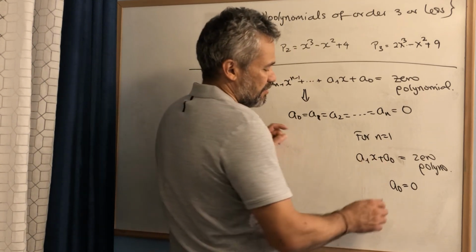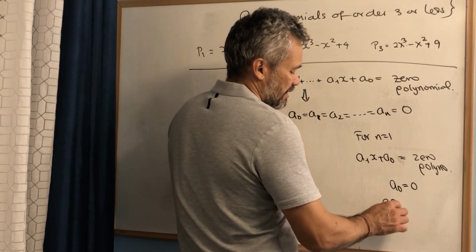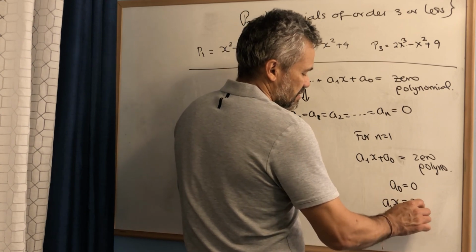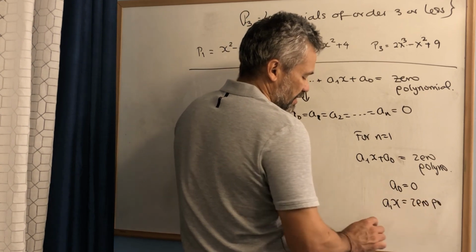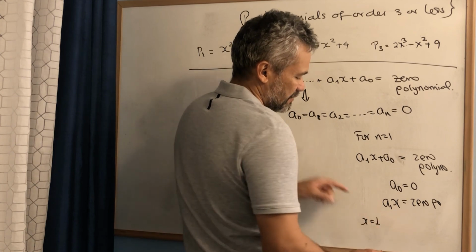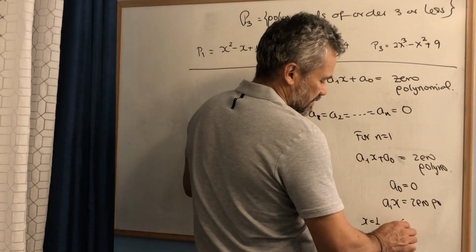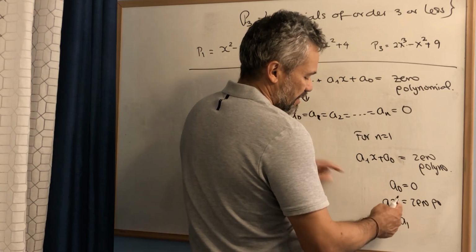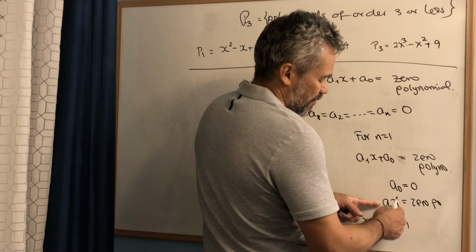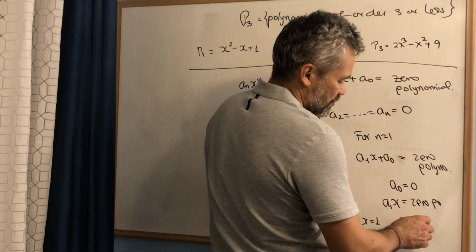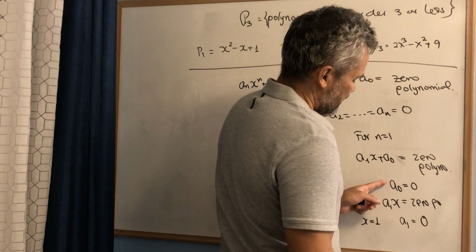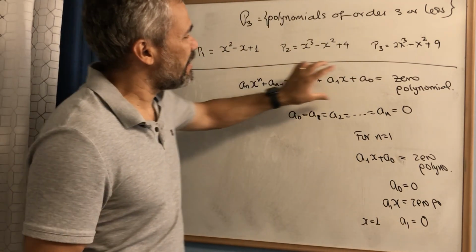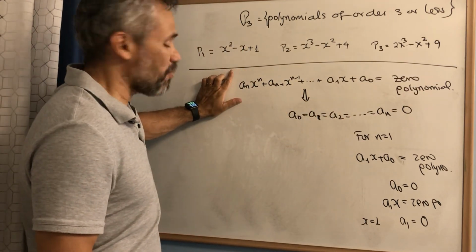Now we know that a0 is 0, so we get a1 x equal to the 0 polynomial. If we take x equal to 1, then on the left hand side the function evaluated at 1 is a1, while the function on the right is 0. Then we get that a1 and a0 are equal to 0. But we can prove this in general and have this property.